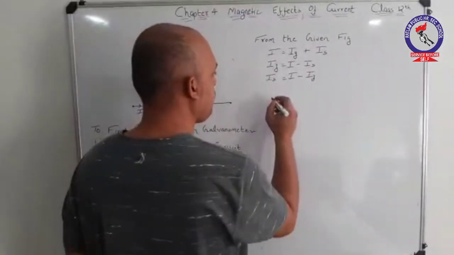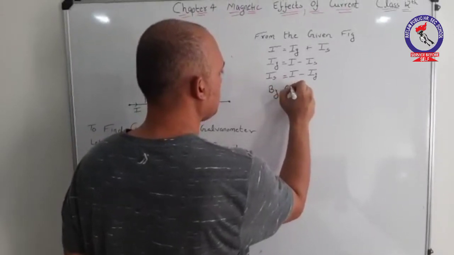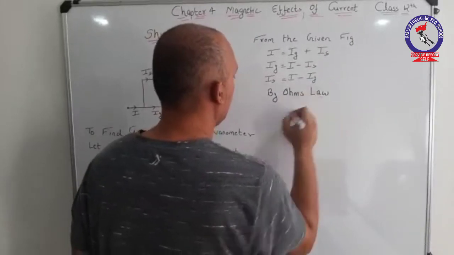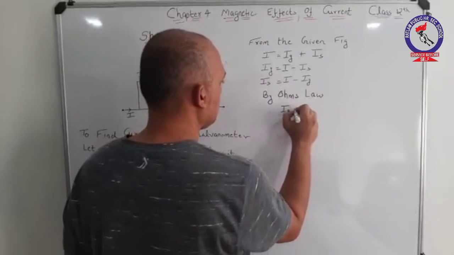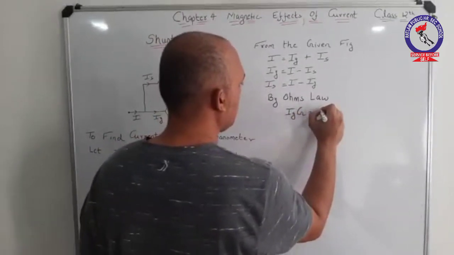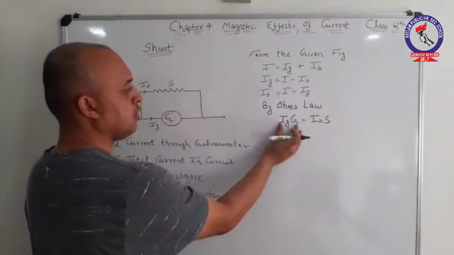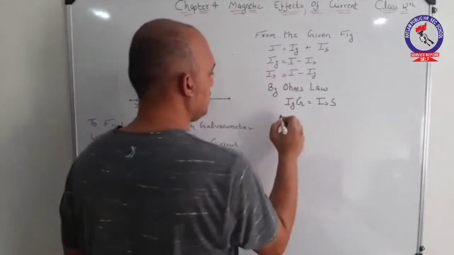Therefore, by Ohm's law, I can write Ig into G equals Is into S. Potential drop across galvanometer, potential drop across shunt.